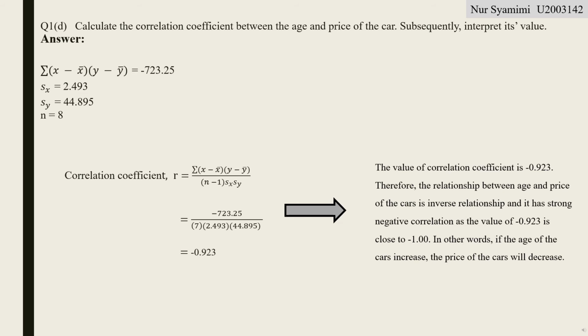So to find the correlation coefficient, we use this formula. R stands for correlation coefficient, equal to the sum of (x minus x bar) times (y minus y bar) divided by (n minus 1) times the sample standard deviation of x times the sample standard deviation of y.